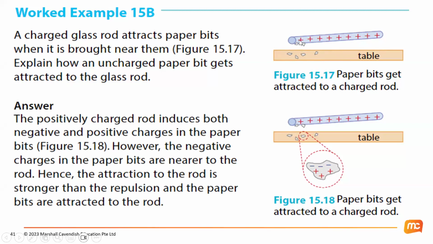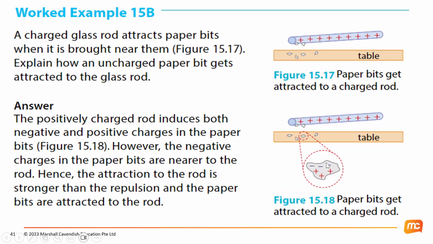The explanation is as follows. You bring a positively charged rod nearby. It will induce negative charges at the upper part of the paper nearer to the rod, and positive charge at the bottom part, because unlike charges attract. When we enlarge it, because it's a positively charged rod, it will attract all the electrons upwards.